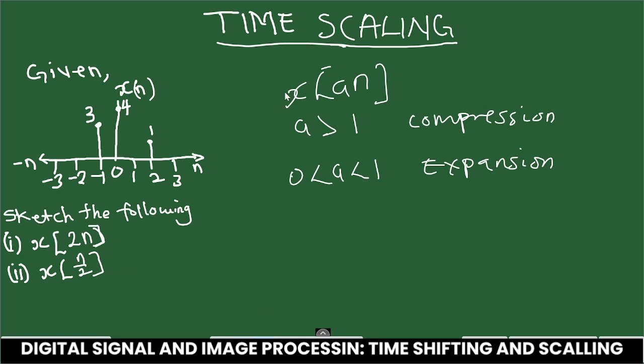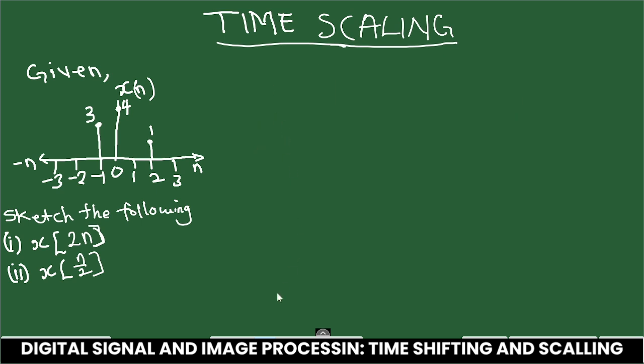So let's go straight and sketch the other signals we have here. We are going to sketch the first one, x of 2n. Whenever the scaling factor is greater than 1, you take each of the positions and divide by the scaling factor.